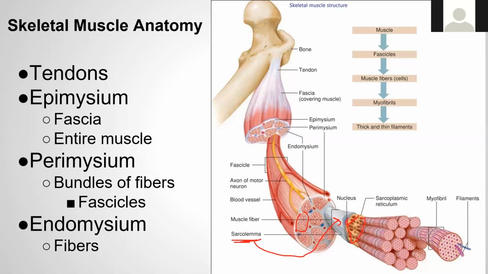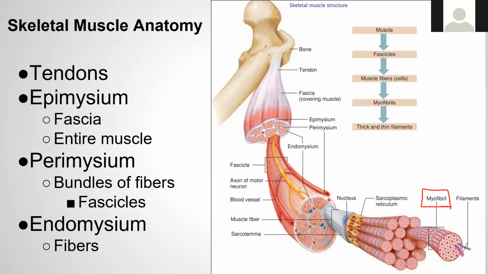After you get deeper from the sarcoplasm, you get into what's known as a myofibril. A myofibril is just like a subset of the muscle fiber itself.